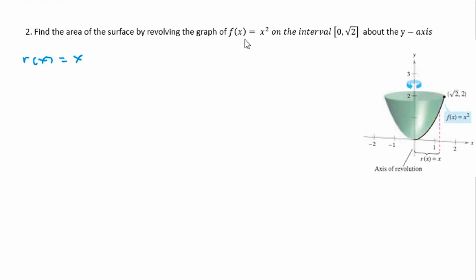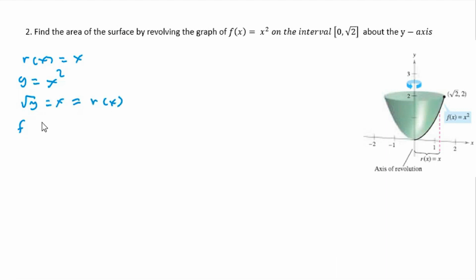That is actually coming from y is equal to x squared. We know that y is equivalent to f of x, and solving now for x, we have the square root of y is equal to x. And this is what I'm trying to say, that this value of x equals the square root of y is equivalent to our r of x.